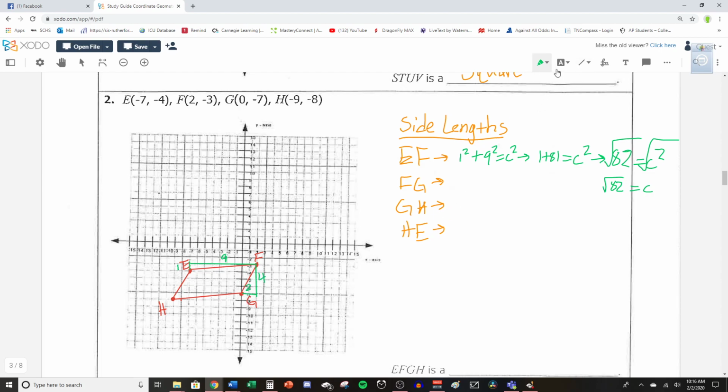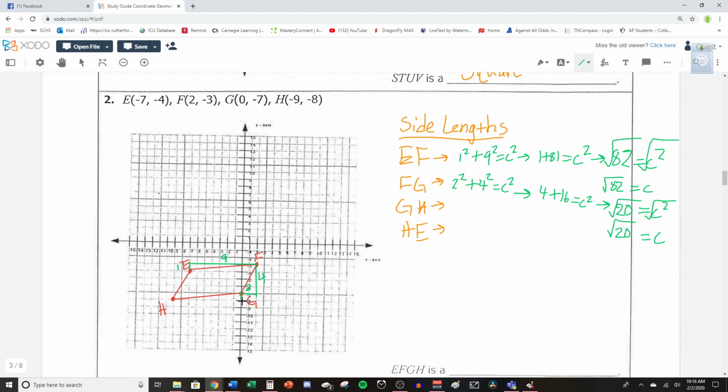So that is going to mean FG is 2 squared plus 4 squared equals c squared, which is 4 plus 16, which is 20. Square root that. We know that square root of 20 is c. Obviously not the same. Let's just look to see what happens with the rest of these sides.